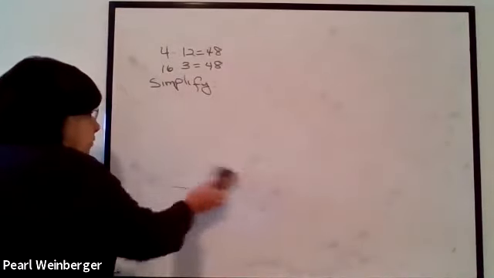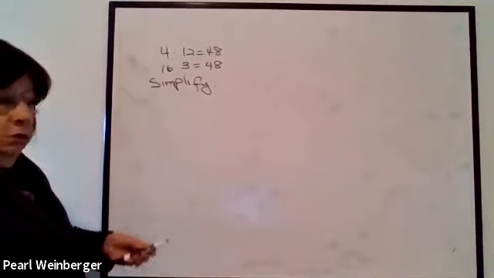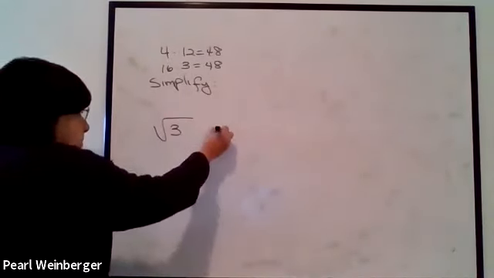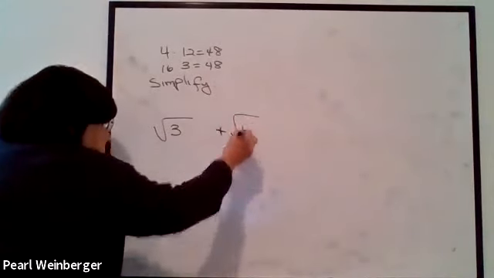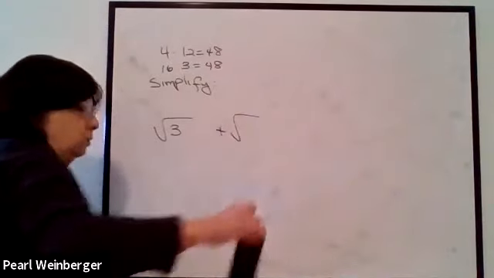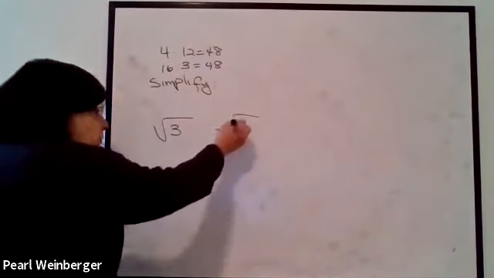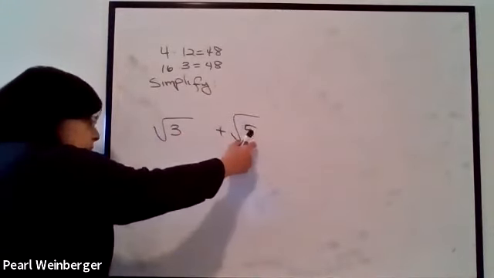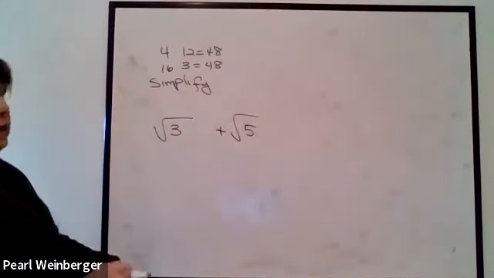if I were to give you something like this, where I have the square root of 3 plus the square root of 5. These are 2 irrational numbers because this is not a perfect square and this is not a perfect square. You can't add them.